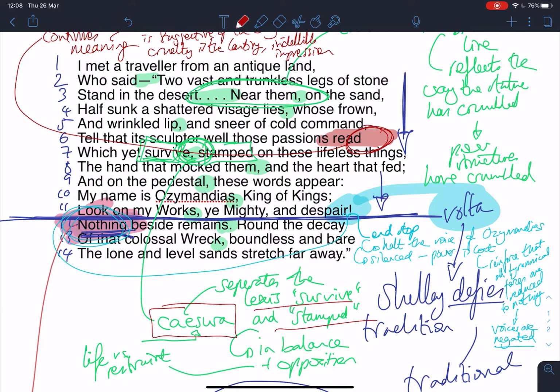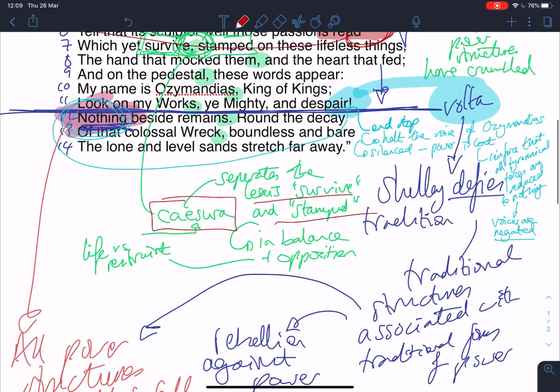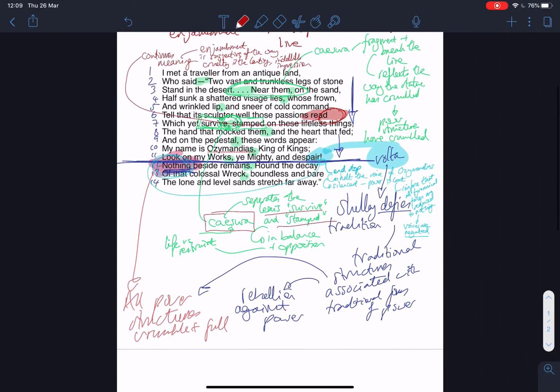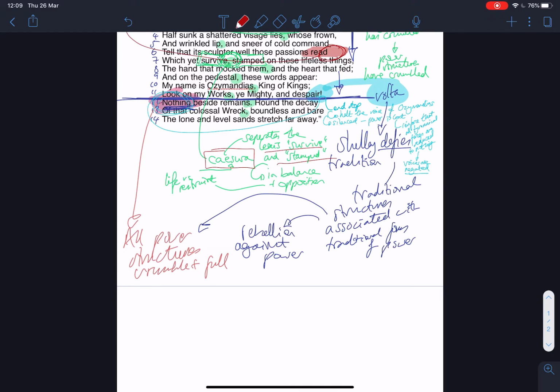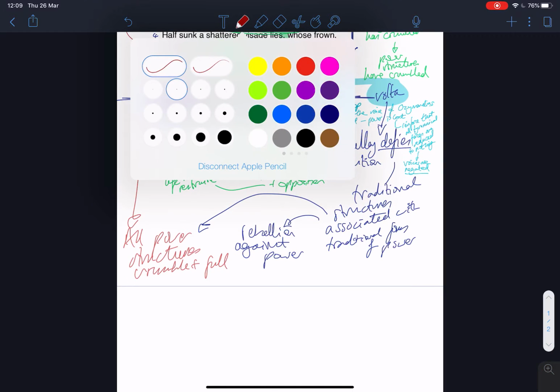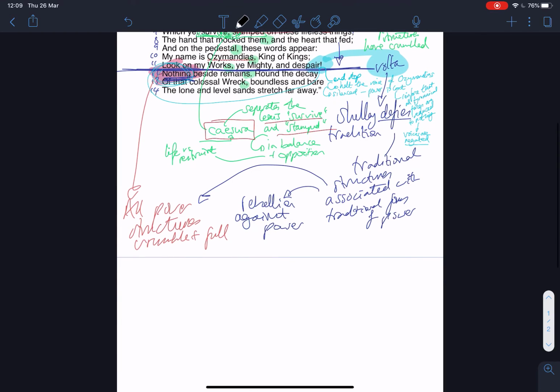But what about the language? What about the language in particular? Well, let's take some of that and let's start looking at it a little bit more closely. So we'll just stop for a moment and we'll just look at the last line and a half of the poem. So we'll just write that up, and I think we'll just start here, okay?